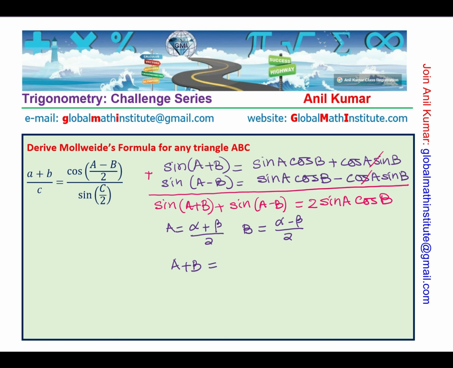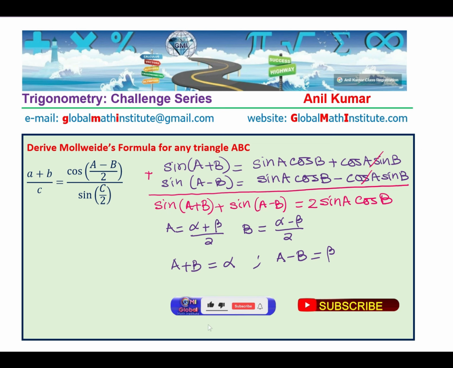A plus B, when you add them up, you get 2 alpha by 2, basically alpha, right? And similarly, A minus B will be equal to beta, right? You see that?